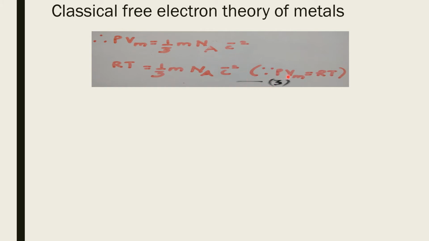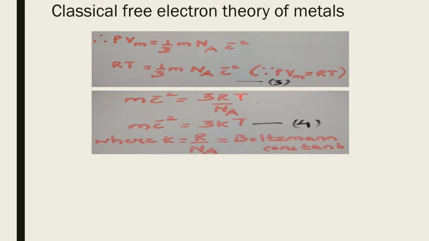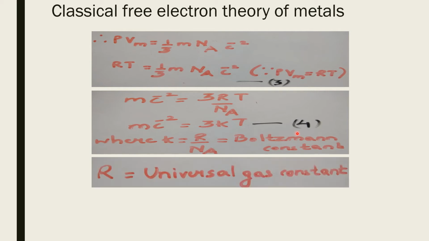From the ideal gas equation, PVm is equal to RT. Substituting this here, we get equation number 3. Rearranging equation number 3, we get mc bar square is equal to 3RT upon Na. Again, R by Na is k, which is a Boltzmann constant. Substituting this, you get mc bar square is equal to 3kT, equation number 4, where R is the universal gas constant.